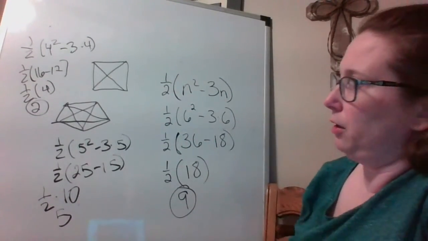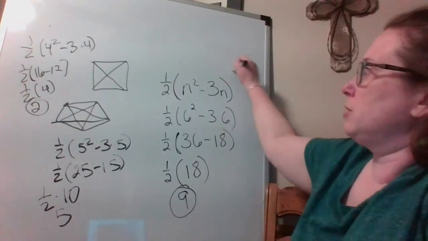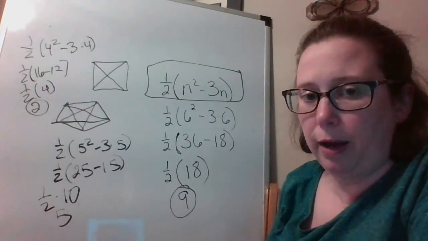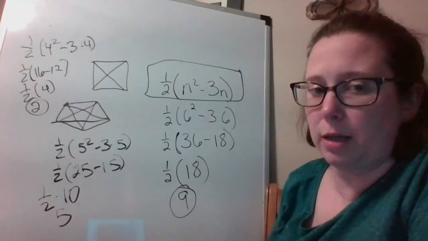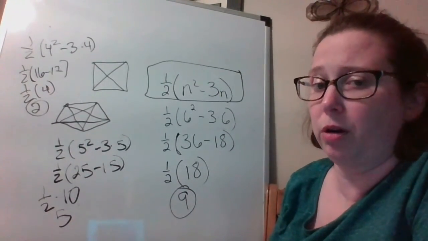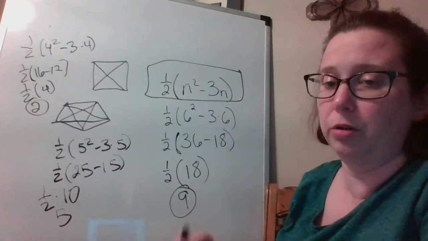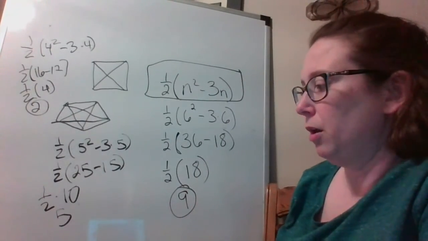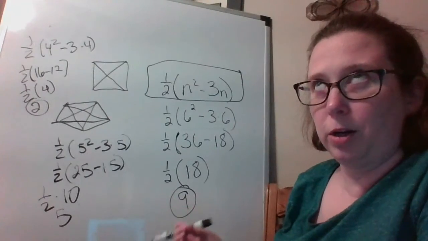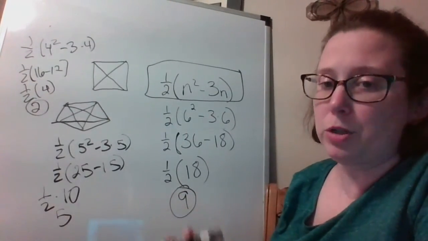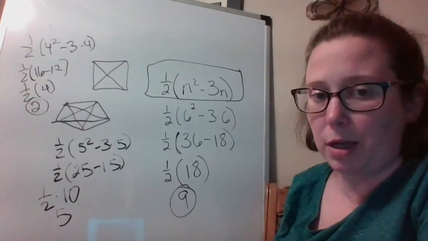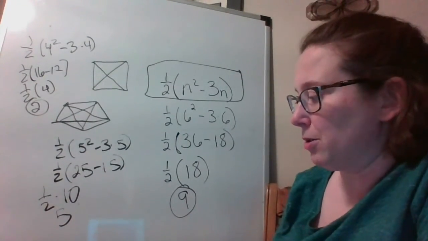So there are three examples for how this formula works. Figure out how many diagonals you have in an n-sided figure. And you could, seriously, plug in 100 for 100 sides and it would tell you the right answer for how many diagonals you have in a 100-sided figure, which may sound silly, but in geometry in high school, you'll actually use that for some good purposes.